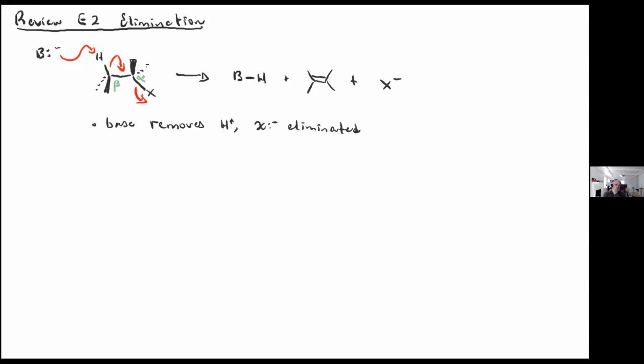There's a very, very important stereoelectronic effect in the E2 elimination that I tried to really drill home in the Friday lecture, which is that we want to obtain an anti-periplanar arrangement of the CH bond that we're cleaving and the CX bond.